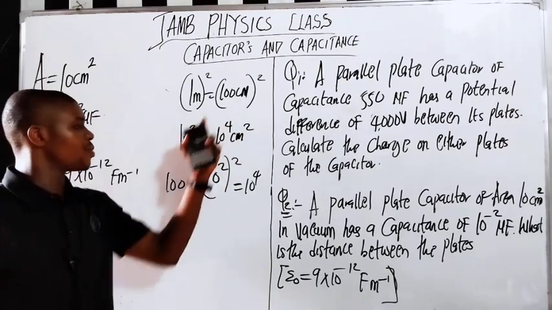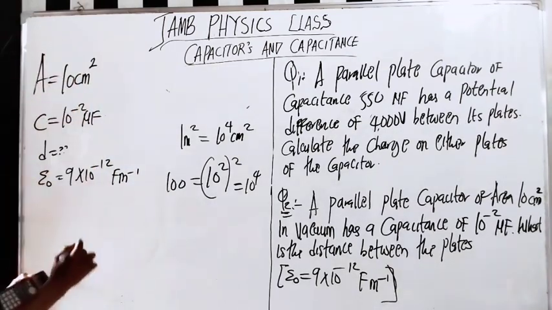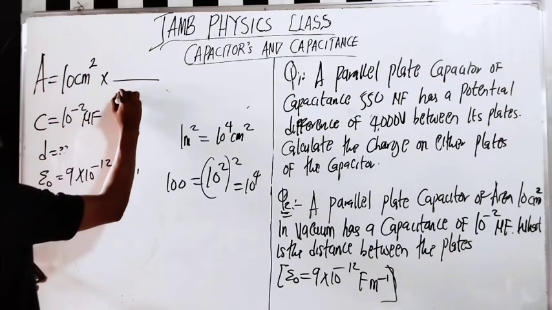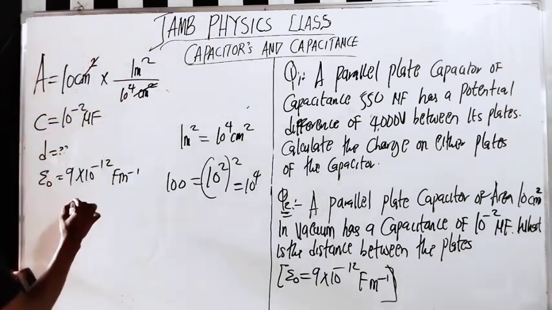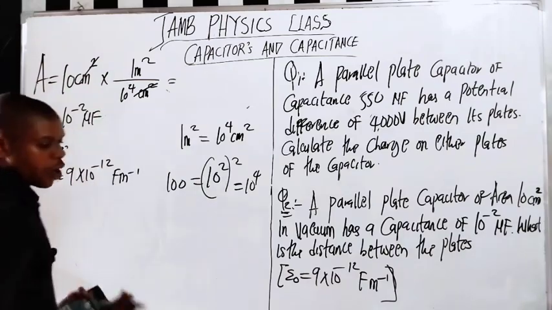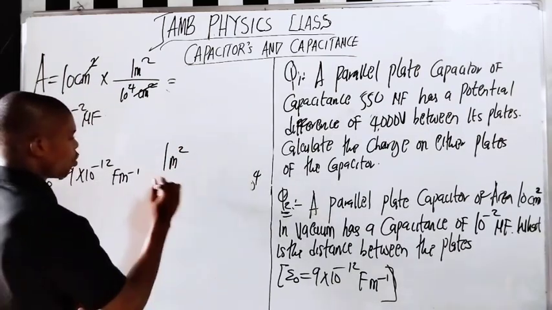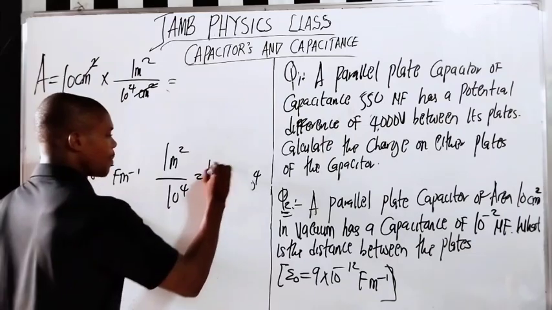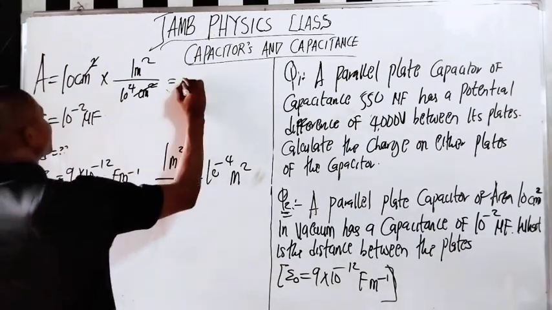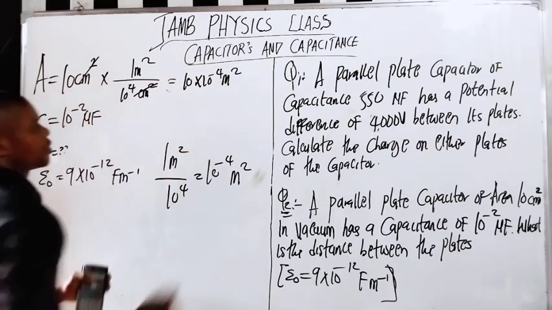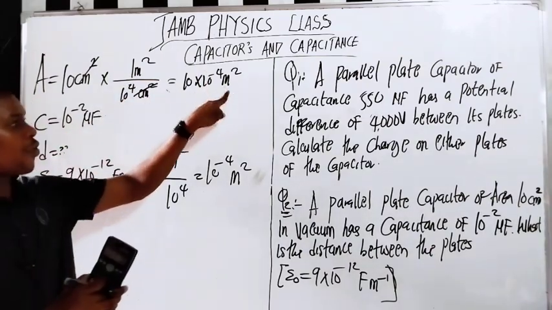If you remove the bracket, this is what I'm going to get. If I'm converting centimeter squared to meter squared, it's going to be 1 meter squared over 10 to the power 4 centimeter squared, which is the same as 10 to the power minus 4 meter squared. So 10 centimeter squared is 10 times 10 to the power minus 4 meter squared.